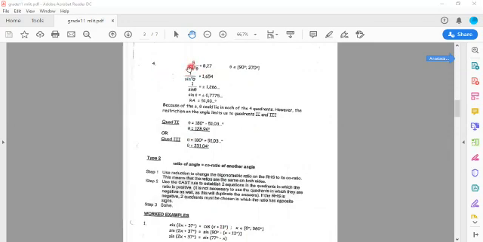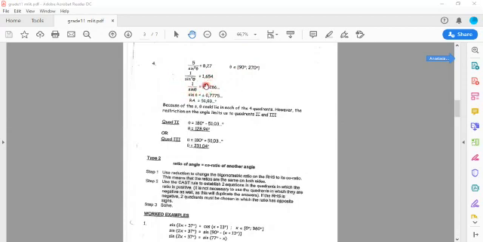They give you another example here. So they have 5 over sine squared theta is equal to 8,27. There's the restriction, theta must be between 90 and 270. 1 over sine squared theta is equal to 1,654.